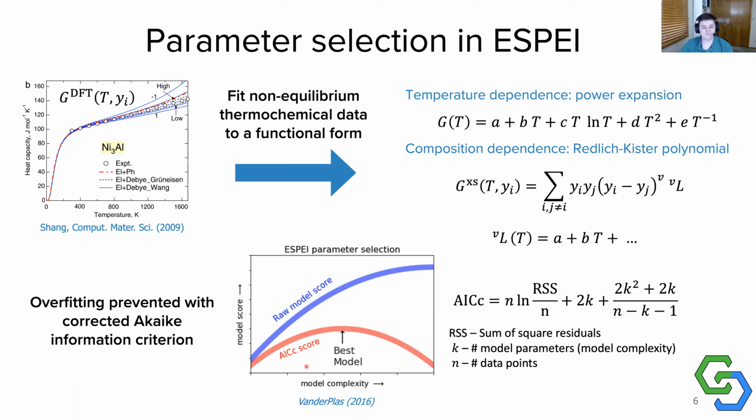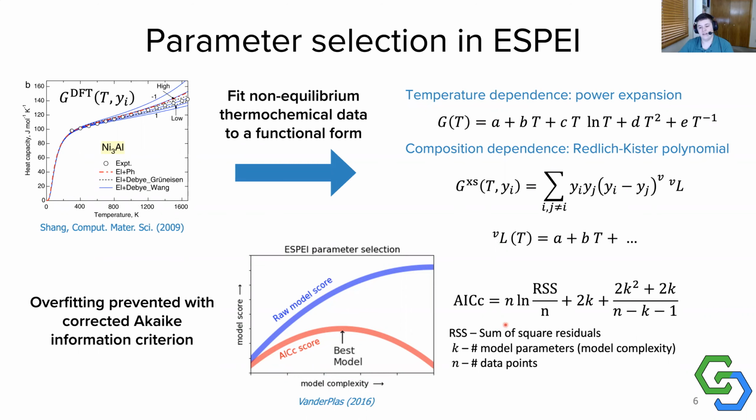And so to find the balance in the trade-off between how good our fit is and the model complexity, we use the corrected Akaike information criterion, the AICc. That's given by this relatively simple equation here.